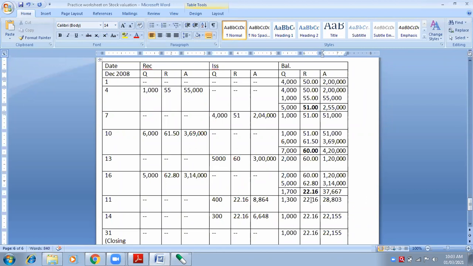Now we will calculate the total. 7,000 units, and the amount is 4,34,000. 4,34,000 divided by 7,000 is 62.